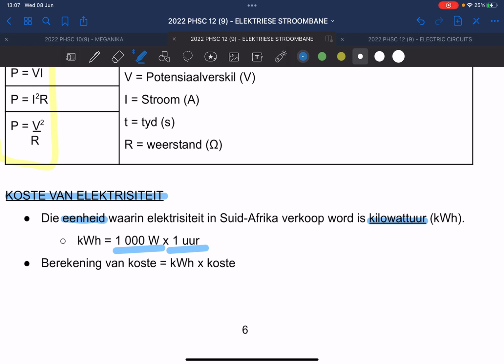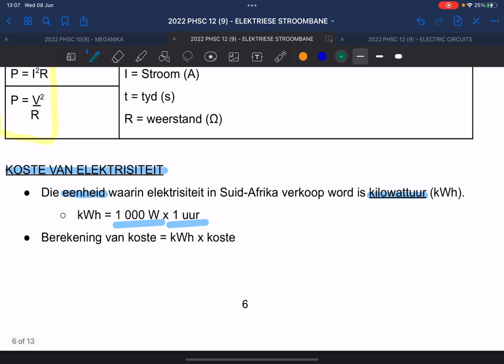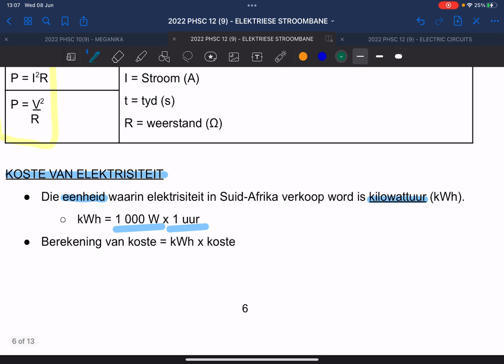Okay, so if I tell you, let's say you have a stove, and your stove is how many watts? Let's say your stove is 800 watts. And you use your stove for 90 minutes.